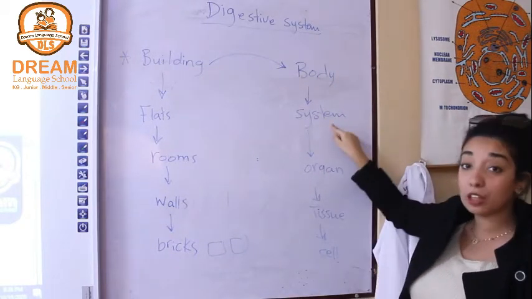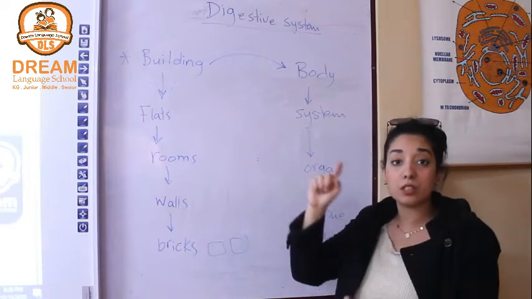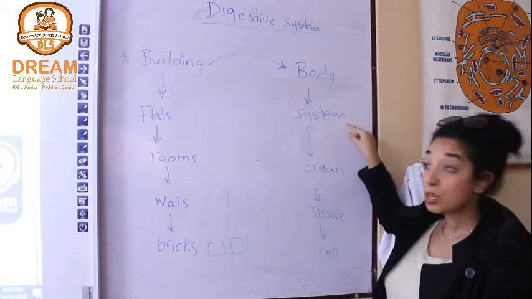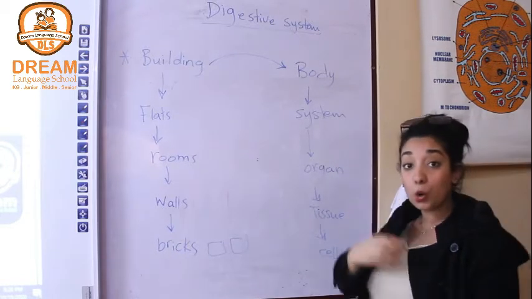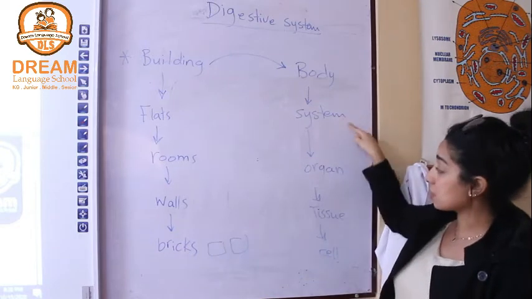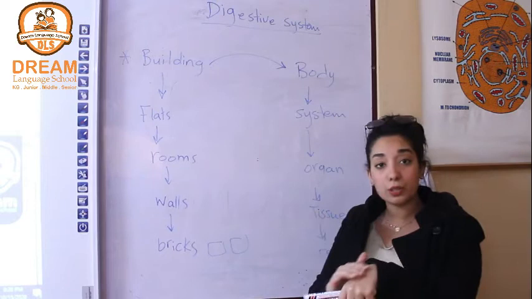The body consists of systems. We have a lot of systems, like the digestive system and the respiratory system. The system consists of organs, which are parts inside our body. The organ consists of tissue. Tissue is like our skin.